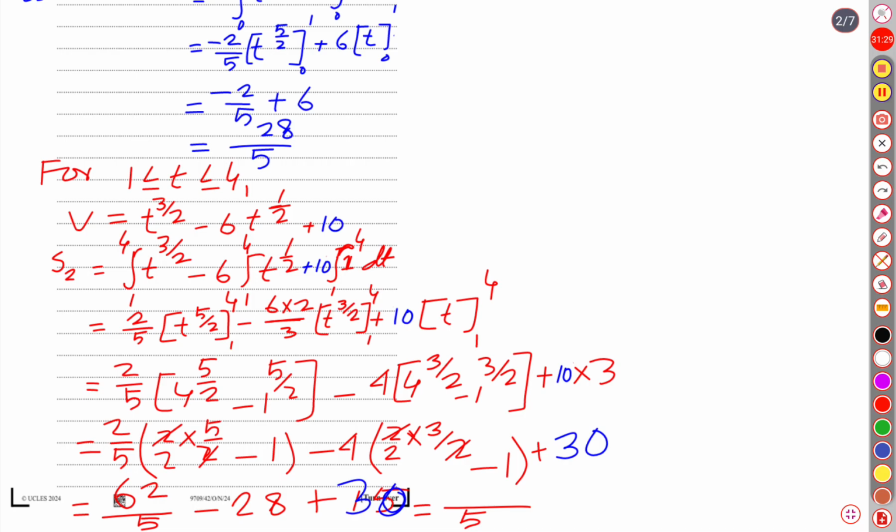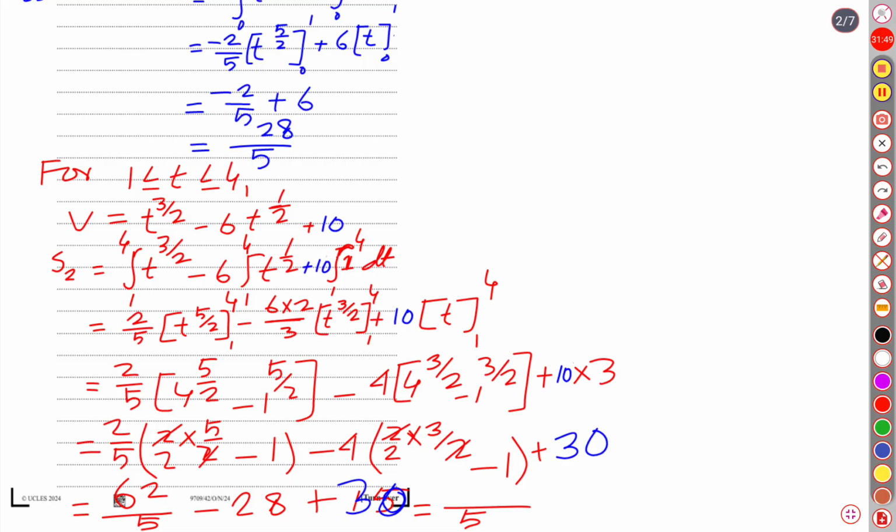Well, now if we calculate, look at this, 62 over 5, that is 12.4, so 12.4 plus 30 is 42.4. Let us write as a fraction.